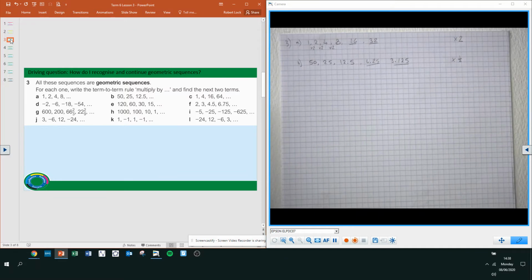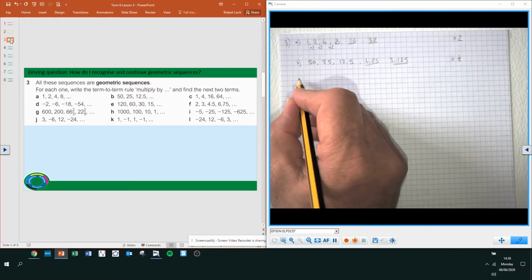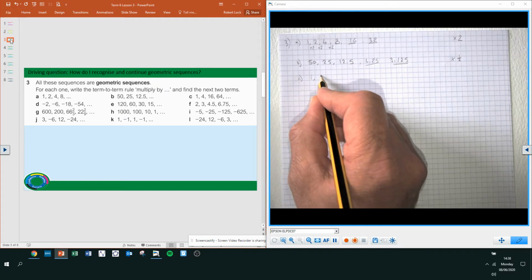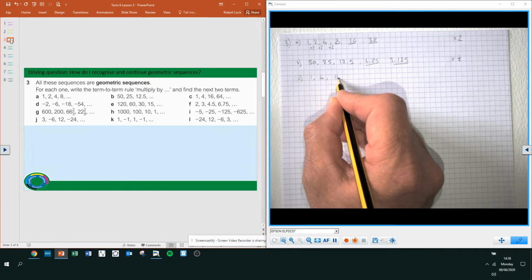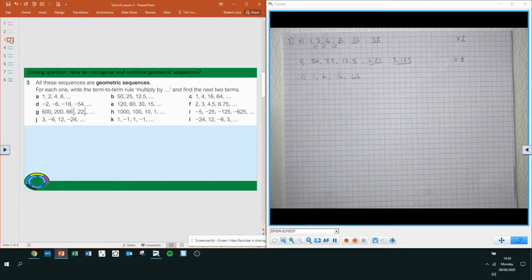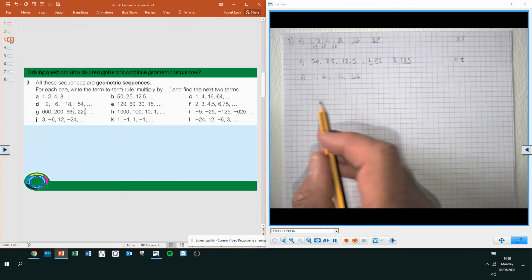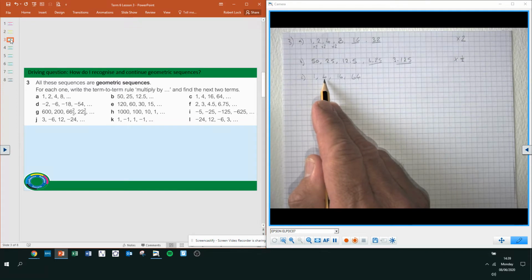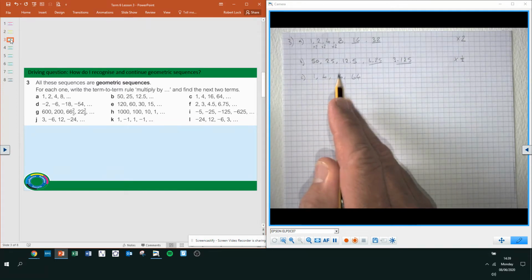Okay. Next question, C. 1, 4, 16, 64. Almost takes us back to indices here. 1 times 4 is 4. 4 times 4 is 16. 4 16s, 64.